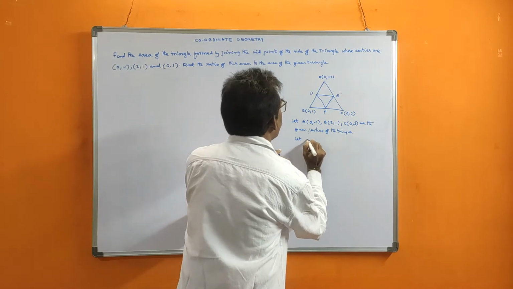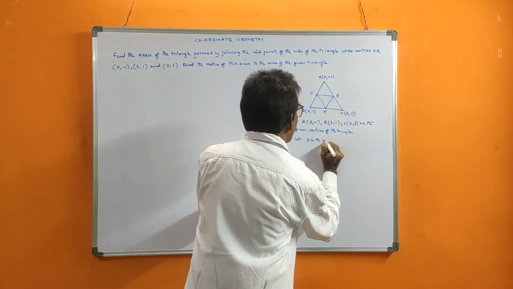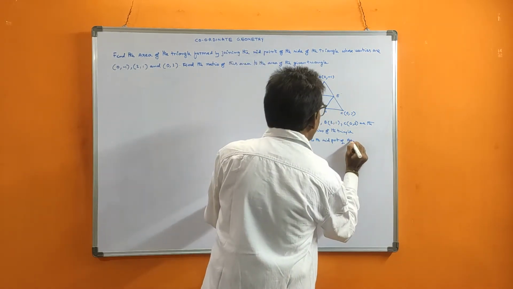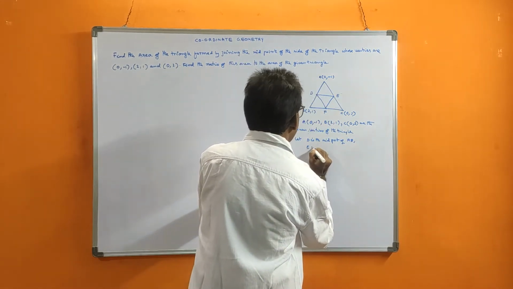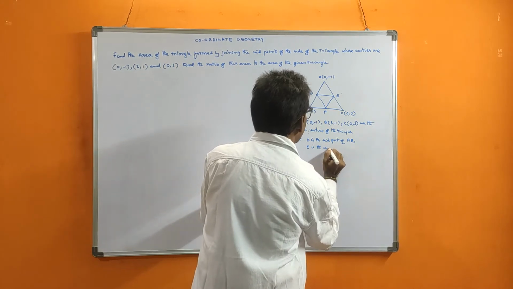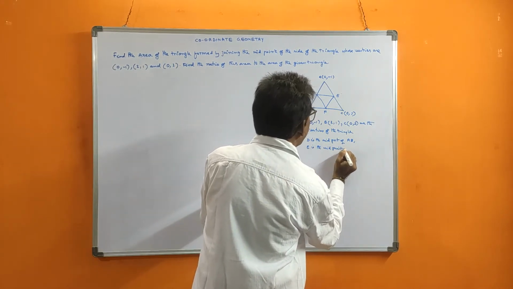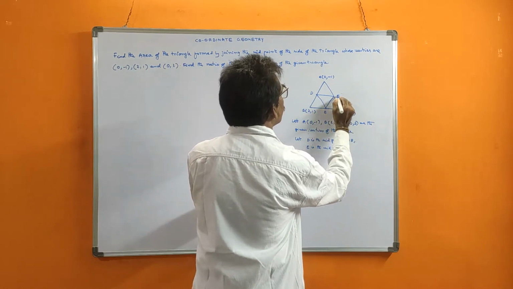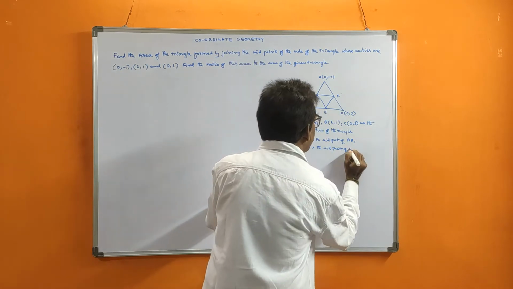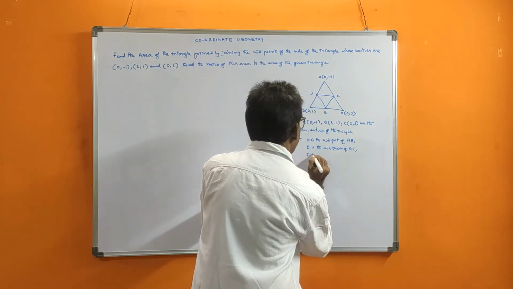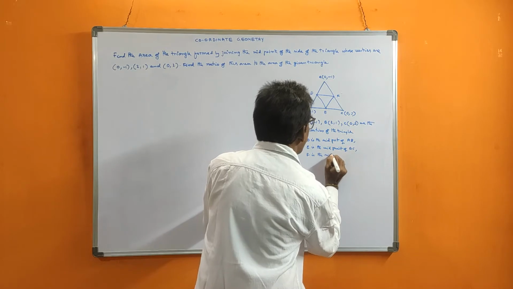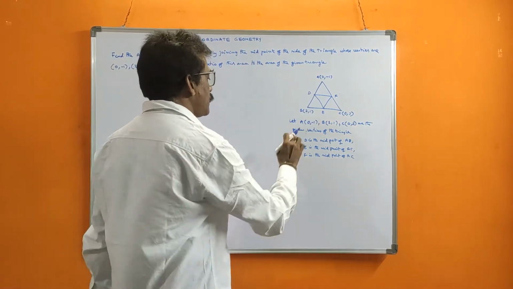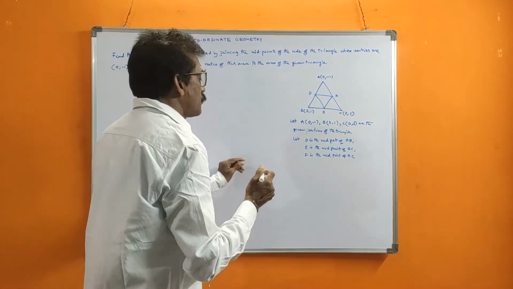Let D be the midpoint of AB, E the midpoint of BC, and F the midpoint of AC. So you think like that, DEF are the midpoints. So we can calculate the midpoints.